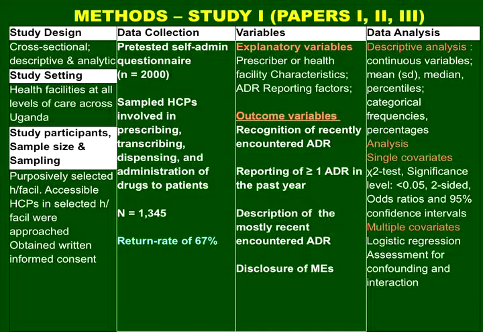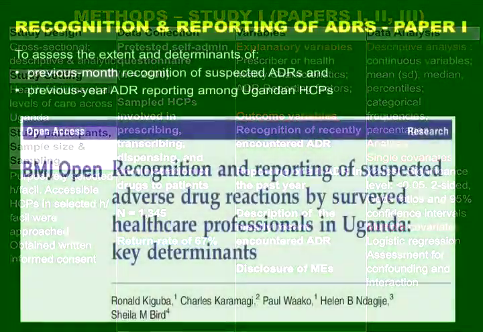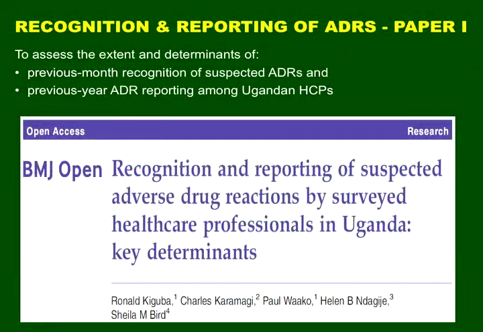The return rate was 67% of the distributed questionnaires. Paper 1 addressed the extent and determinants of ADR recognition and ADR reporting. I'll be using the words detection and recognition interchangeably.